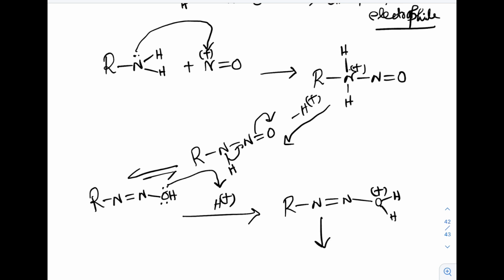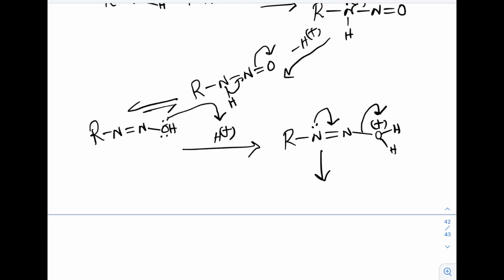In the next step, what will happen? The lone pair on this nitrogen atom, due to the strong pull of the electron pair from this O plus, will be shifted over here, and this sigma bond will be cleaved to generate a water molecule.